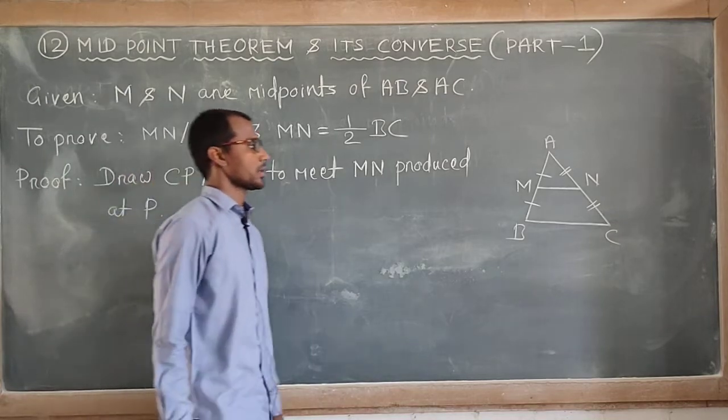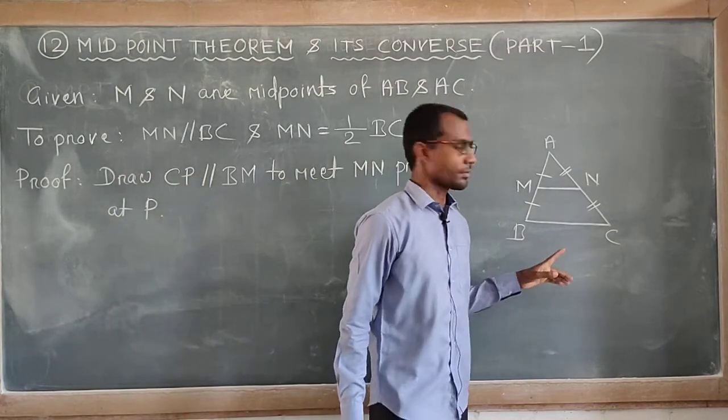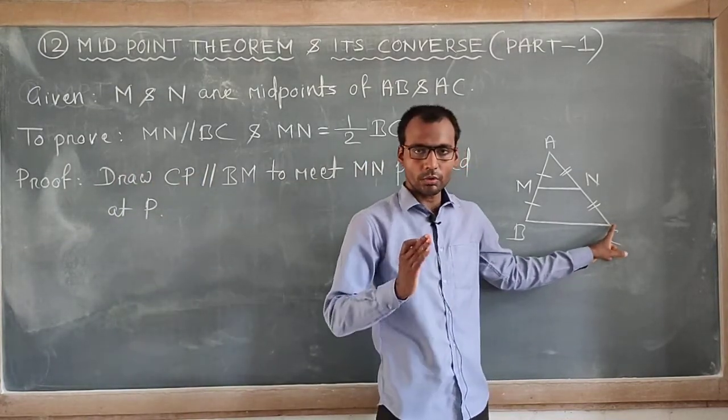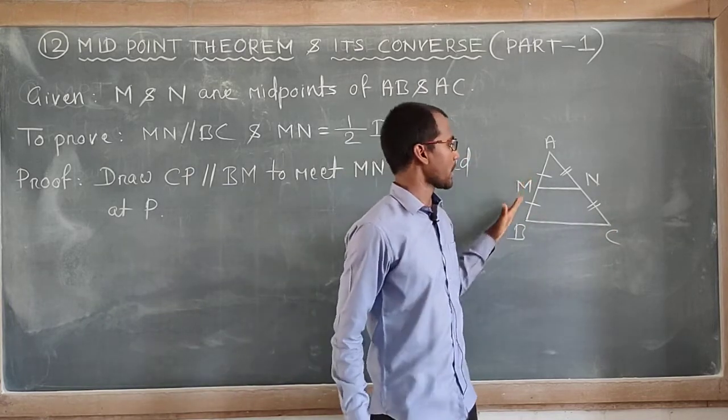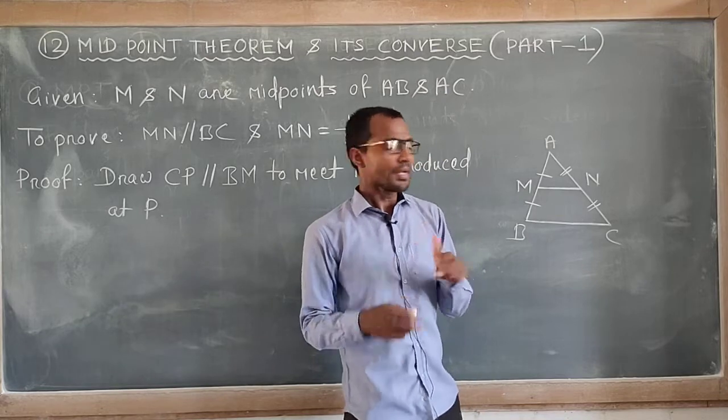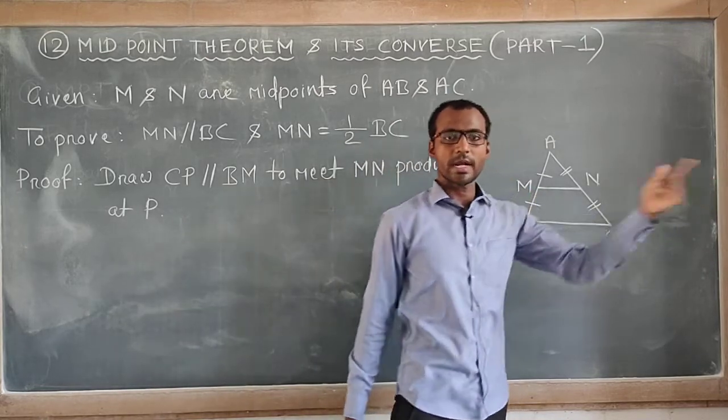Draw CP parallel to BM. That means through C you have to draw a line parallel to BM or BA, same thing, in order to meet this MN produced at P.